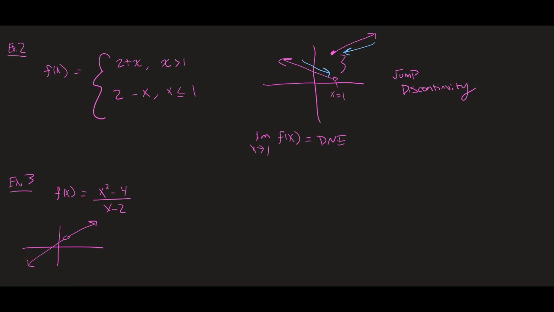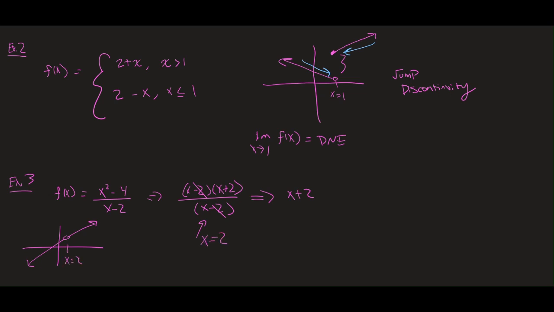And if we simplify this function a little bit, on the top it's the difference of two squares, so we can simplify it. And these will cancel out, and we're left with just x plus 2 as the function, with a removable discontinuity at the value x equals 2.